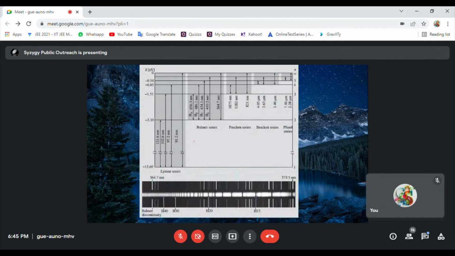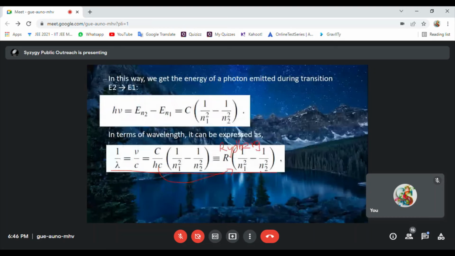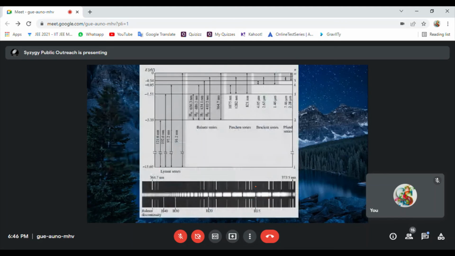There were scientists who derived this formula, and they calculated it for different energy levels. They calculated the energy gained or lost when an electron transits from the nth energy level to a specific energy level. Lyman found the values for the transition of an electron from the nth energy level to the first energy level.